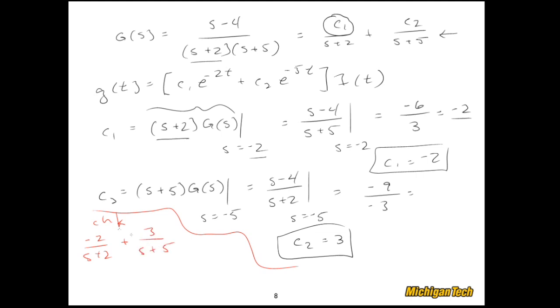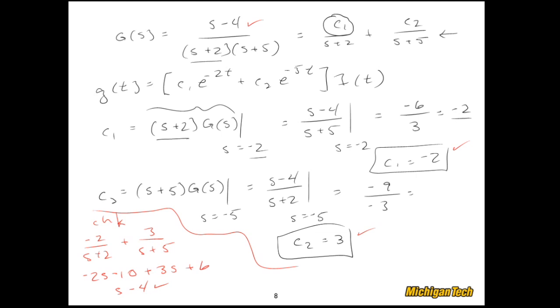If I do the common denominator, I'll get a negative 2s minus 10 plus 3s plus 6. So I get s minus 4. Boom, that checks with that. So this is right. And it's a quick way to figure out the coefficients of simple real roots.